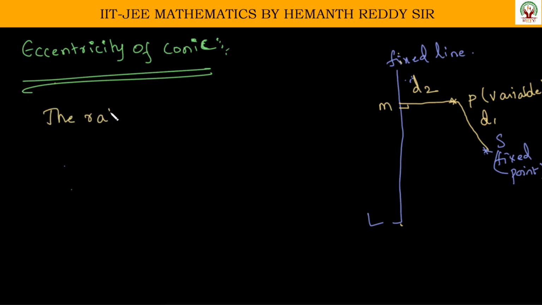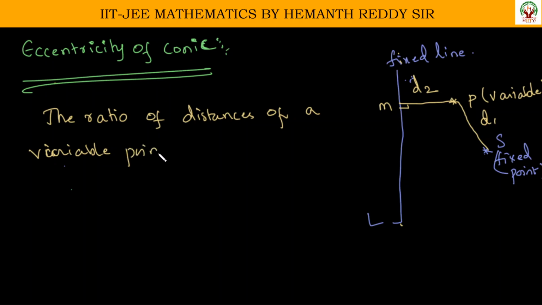So the ratio of distances of a variable point from a fixed point to a fixed line.